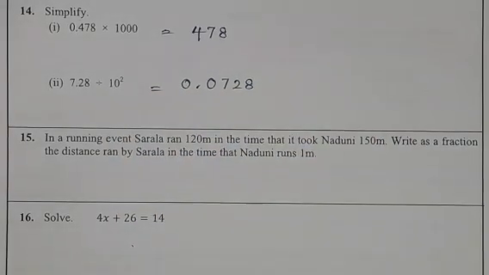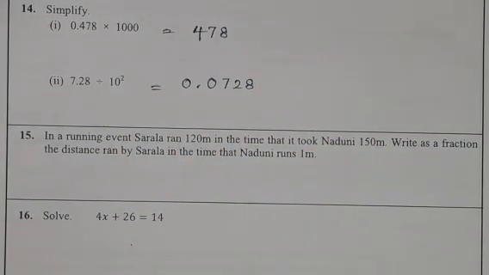Then question number 15. In a running event, Sarala ran 120 meters in the time that it took Naduni 150 meters. Write it as a fraction, the distance ran by Sarala in the time that Naduni runs 1 meter.